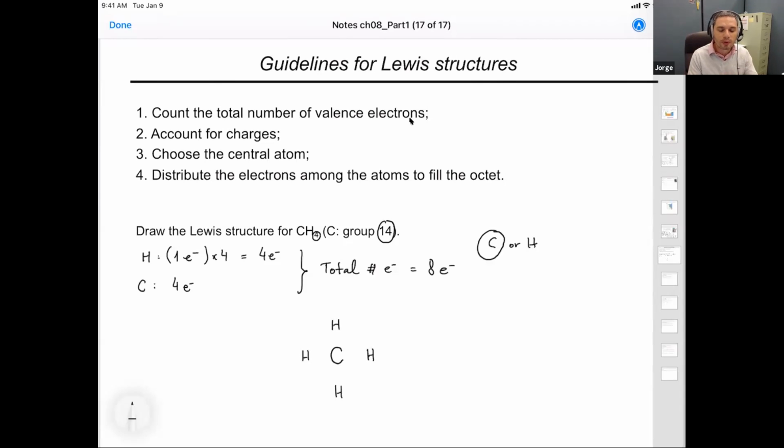We know that hydrogen can only make single bonds. Therefore, each hydrogen will make a single bond with carbon. A single bond means that a pair of electrons is being shared.